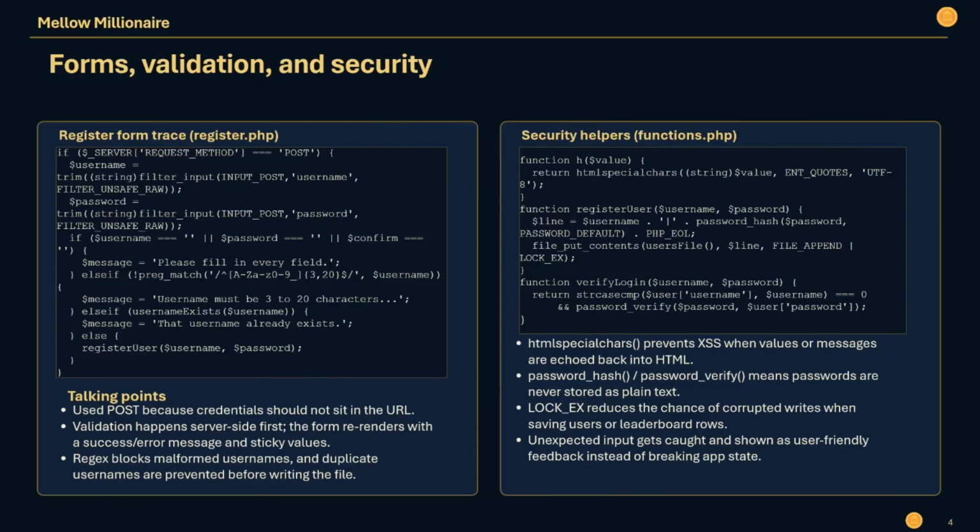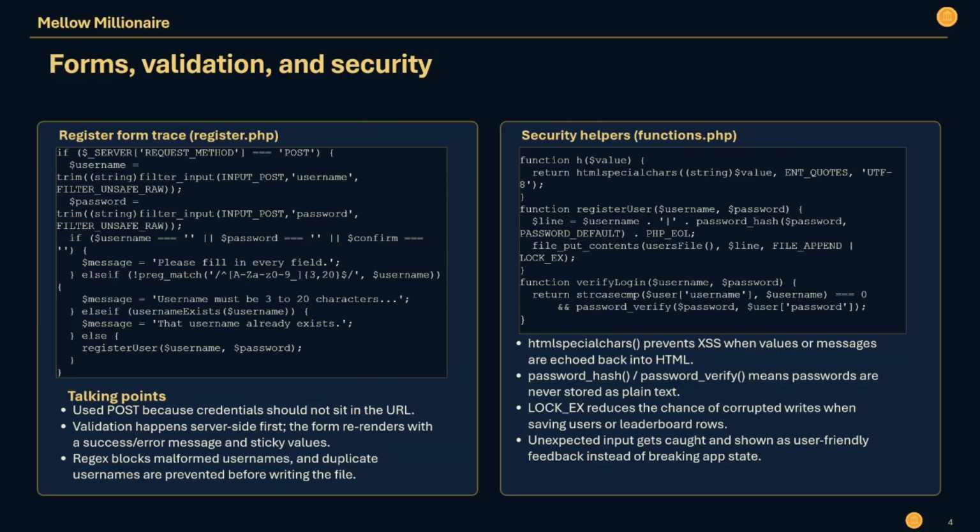We also have security helpers in our functions.php file. HTML special characters prevent XSS when values or messages are echoed back into the HTML. We also have password hash/password verify, which means passwords are never stored as plain text. So that way your password can never be stolen or found by anyone besides you. We also have flock, which reduces the chance of corrupted writes when saving users or leaderboard rows.